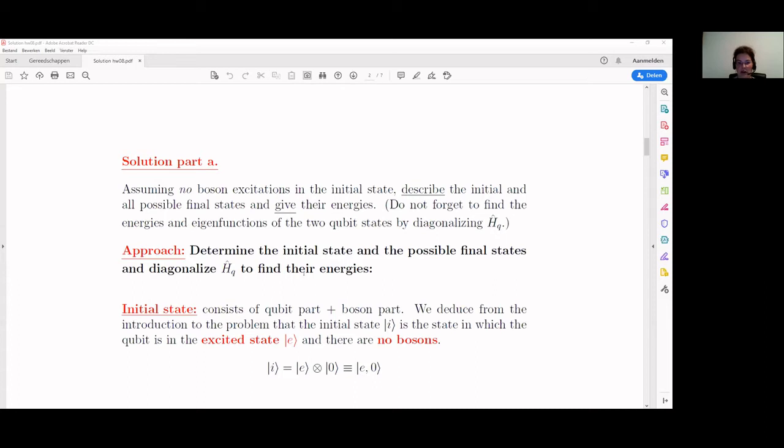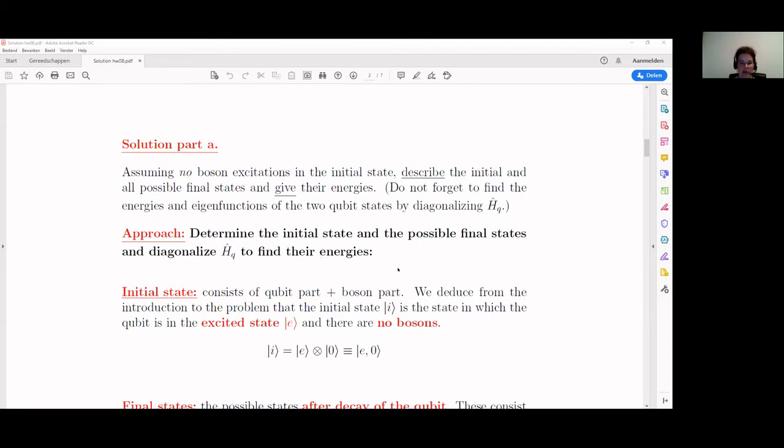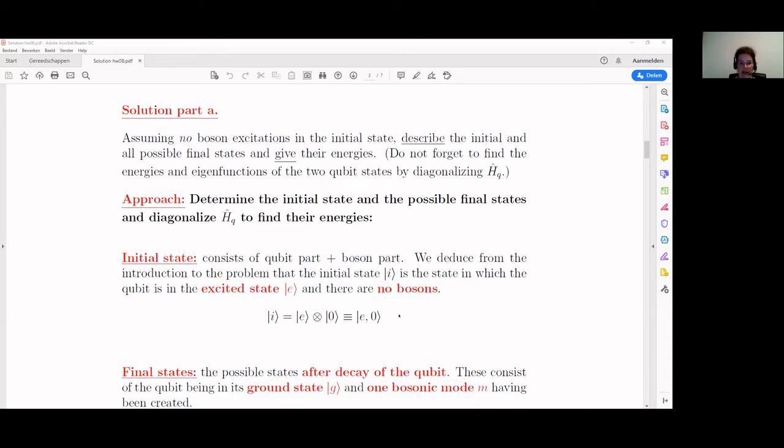Now, how do you do this? I think more or less all of us will have done it in the same way. Initial state and possible final states. You just have to read the problem carefully and then think what it means, what the words mean, and translate them into kets, so to speak.